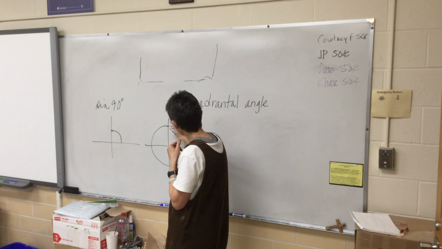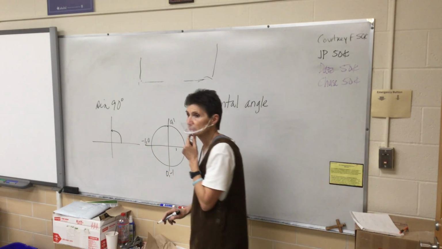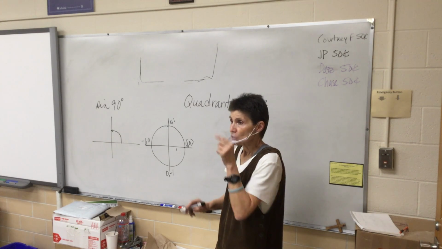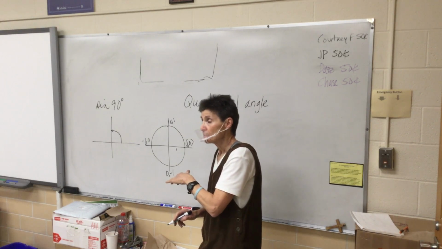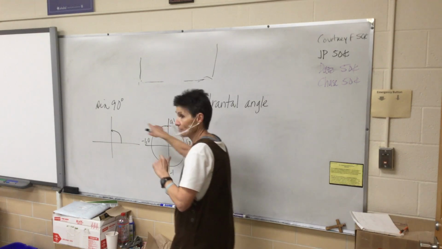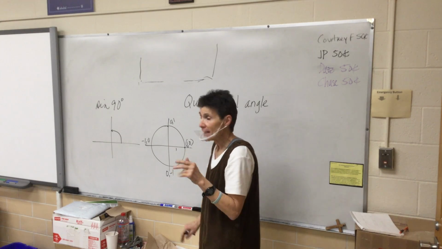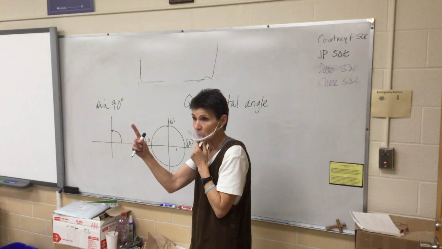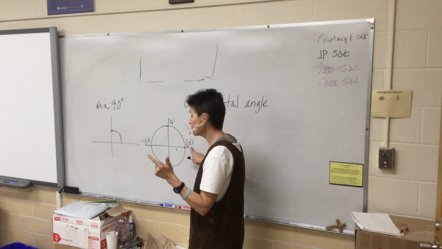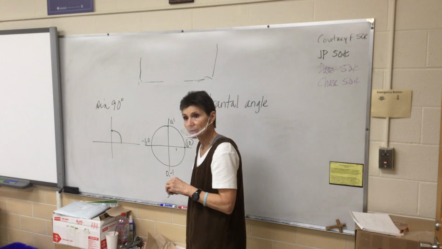This is the point 0, 1, negative 1, 0, and 0, negative 1. So I have just labeled an X and a Y for every quadrantal angle. Agreed? I automatically know my radius is 1. So I have an X value, a Y value, and an R value for every single quadrantal angle.